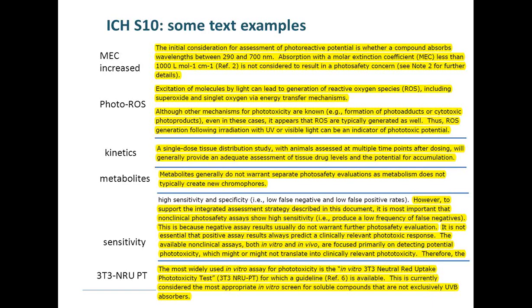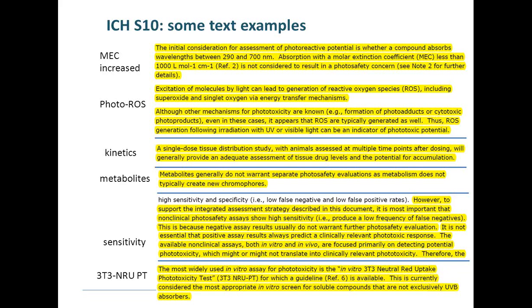Okay, this is a very, very busy slide, and I wanted to show you on one slide original text examples from the current ICH S10. It says in the first point that the MAC is now increased from 10 to 1000.